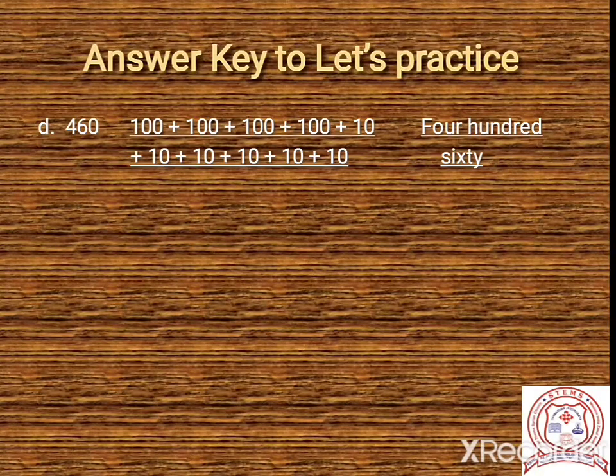So the expanded notation will be 100 plus 100 plus 100 plus 100 plus 10 plus 10 plus 10 plus 10 plus 10 plus 10. And the number name of 460 will be 460, as 4 is in hundreds place and 60 will be written together.